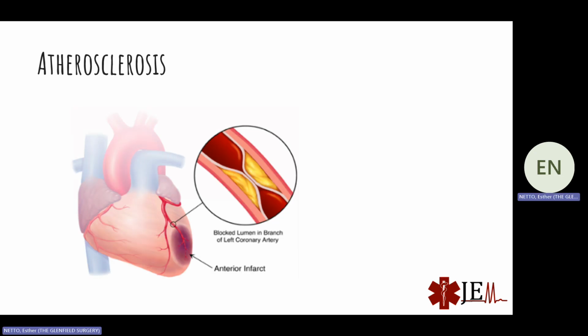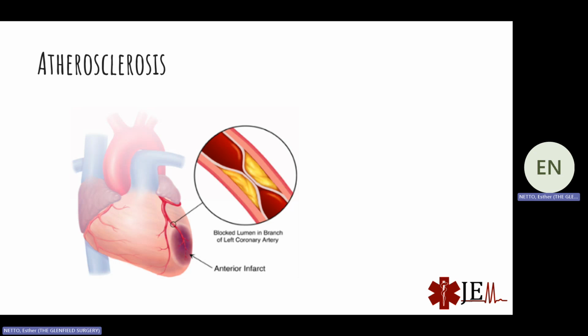This is a diagram to show you what atherosclerosis is. Here you can see the artery, which should be a nice patent lumen so that blood can flow nicely through it. However, unfortunately, what you've got here are these yellow plaques that have formed within the lumen of the artery. And those plaques are formed due to fatty deposits.